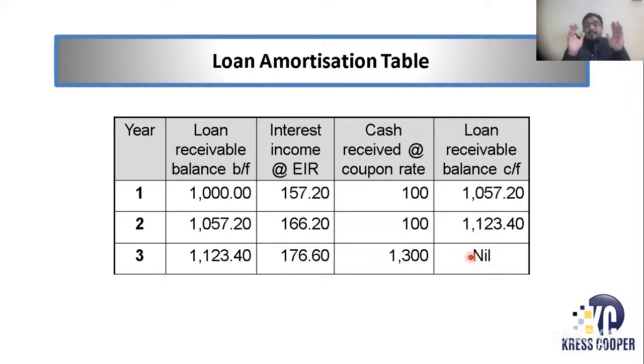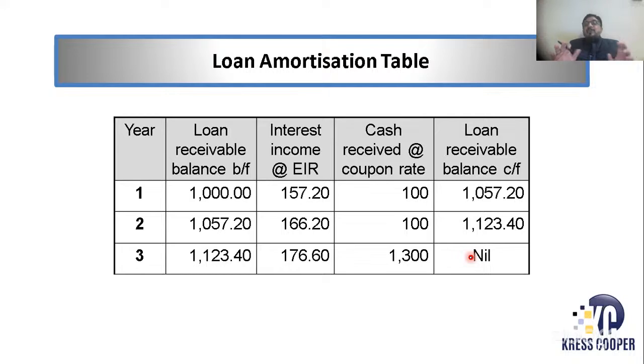So the difference between the principal amount and the amount that the bank will get at maturity, along with the interest calculated based on the coupon rate, is spread evenly, or not evenly, you can say spread using a constant rate over the loan term.